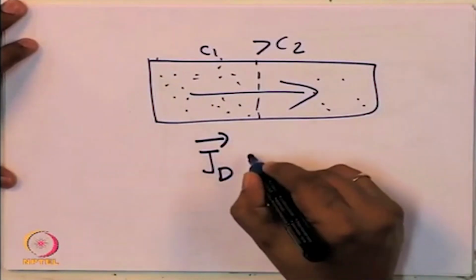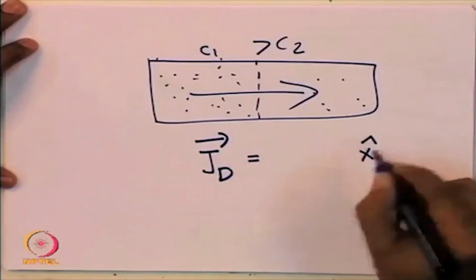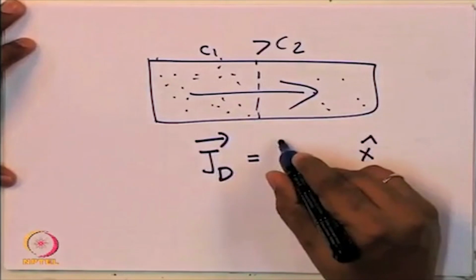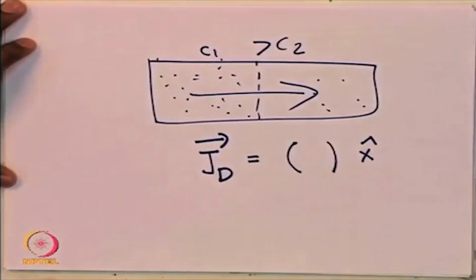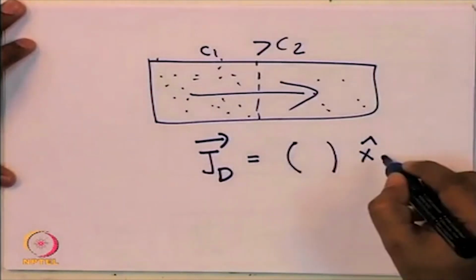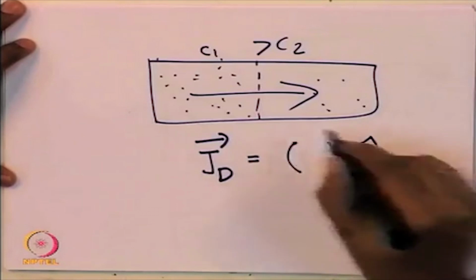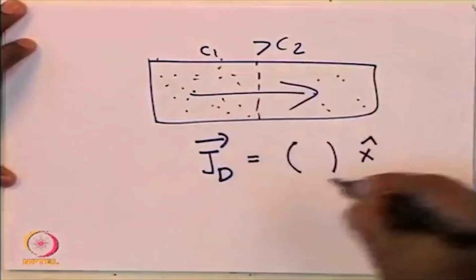We know that the direction has to be along the x direction. So, there is some magnitude and some direction, and we do not know what the magnitude is, but we know the direction, it has to be along this, because here it is more concentration, here it is less concentration.